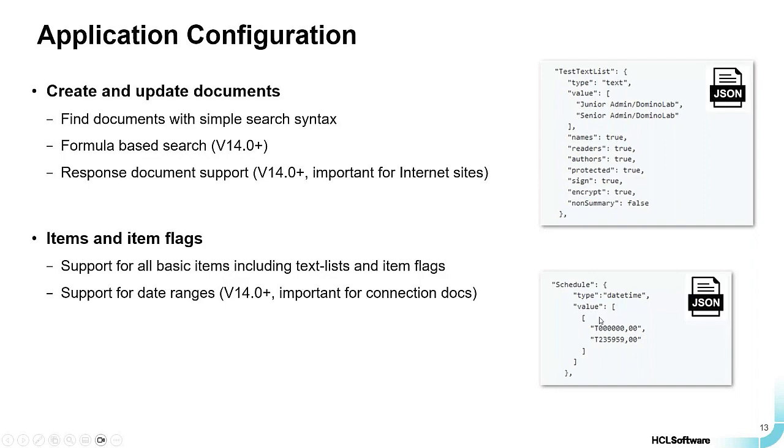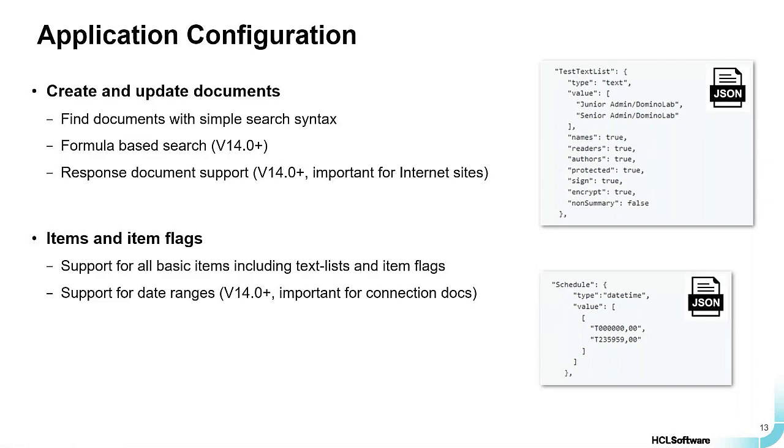And when you know date times in Notes, they're really also difficult to handle in LotusScript. In here, it's pretty simple. You just have an array and you say from to, right? And the representation is the ISO time date. You can specify date only or time only. In this case, it's time only.